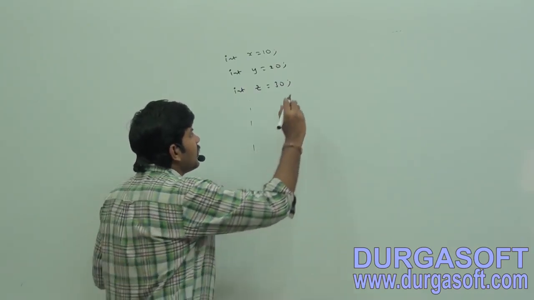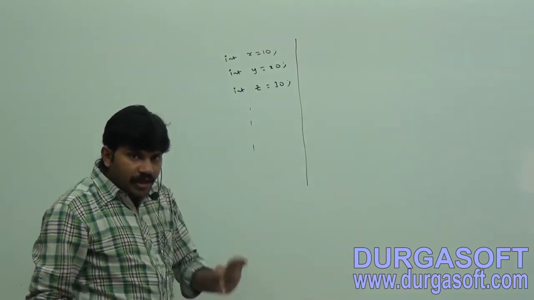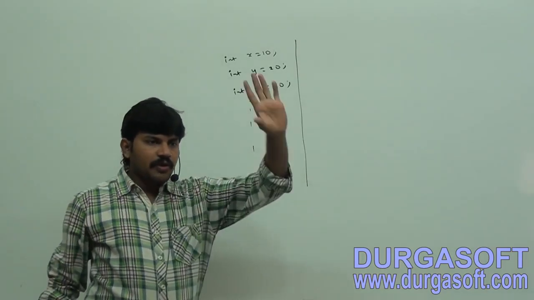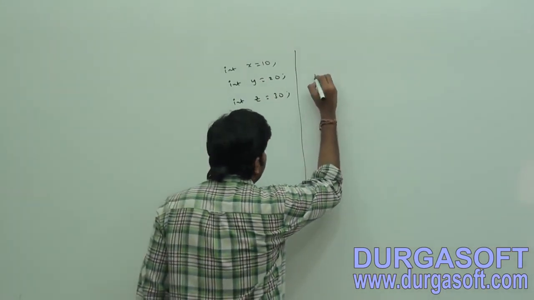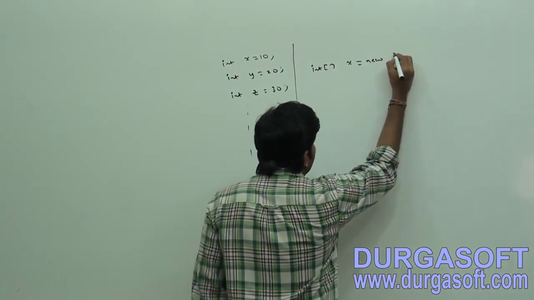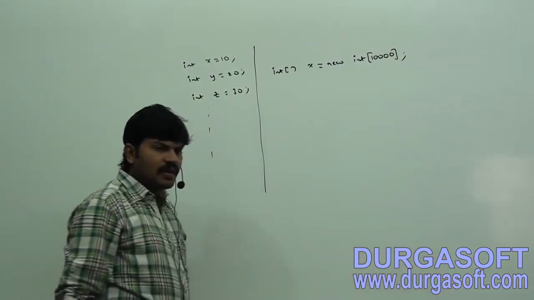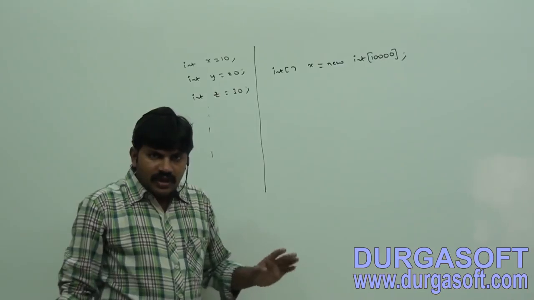Just one variable is enough: int[] x = new int[10000].